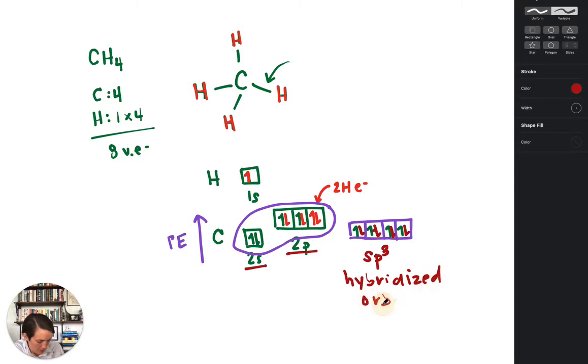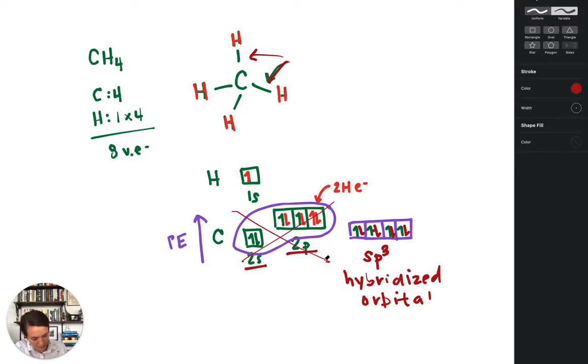Okay, so what is significant about this is that when we look at each one of these bonds in methane, they are equidistant, so they're all the same length, they have the same chemical properties. So we know that this is not the best model.